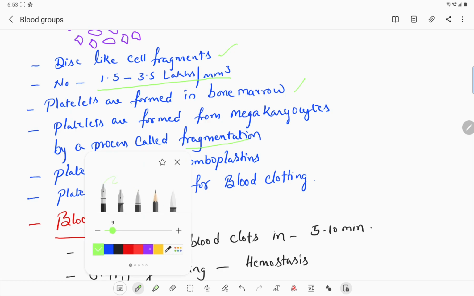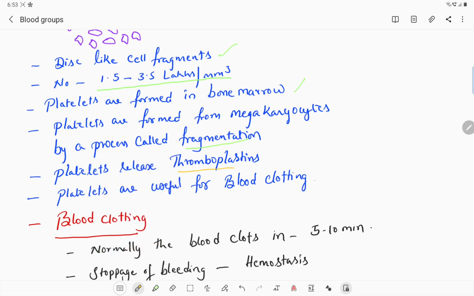Platelets release what? Platelets release thromboplastins. So, what is the function of platelets? Platelets are useful for blood clotting, or they play an important role in blood clotting, right?